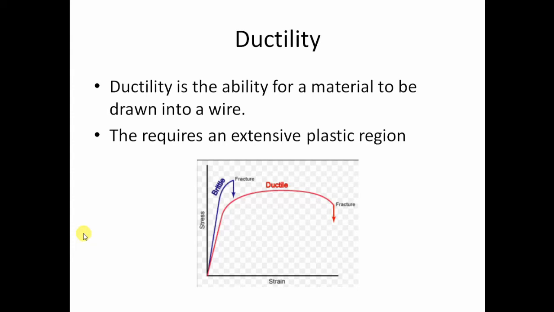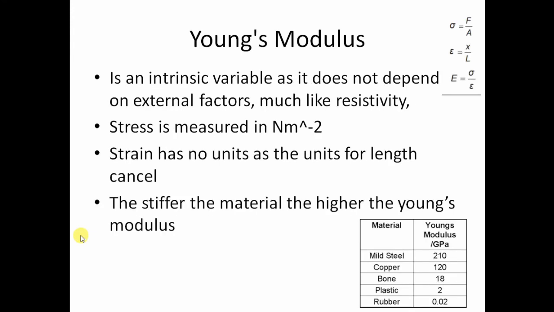A ductile material would be able to take a lot of strain for a small amount of stress. If we go back to the previous slide, we know that strain is extension over length. So a ductile material is a material which for a little force will stretch a lot.